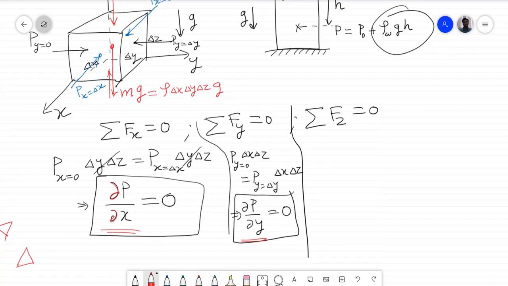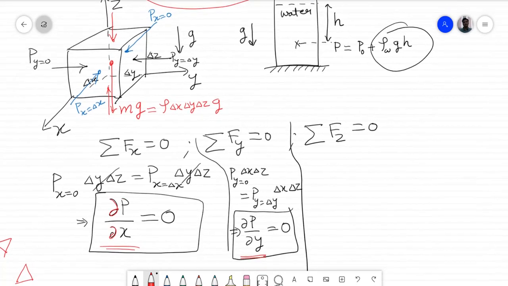Now let us write it for the z direction as well. Pressure at z equal to 0, which is in the vertical direction, times the surface area on which it is acting, delta x times delta y.